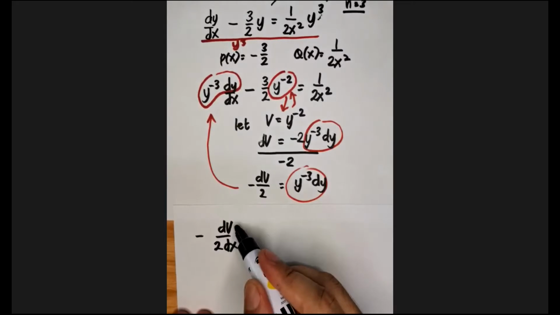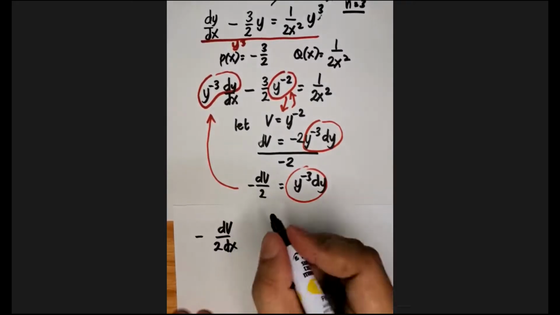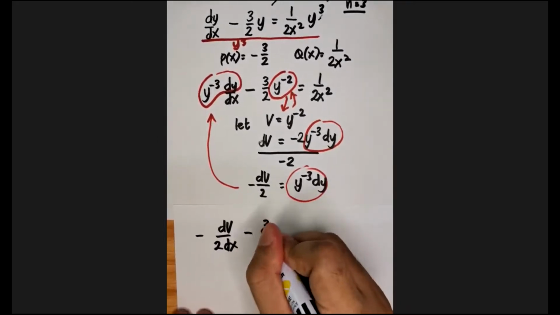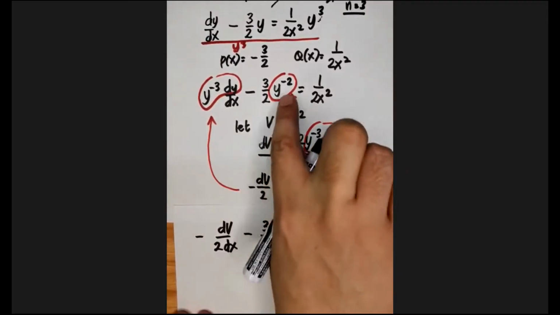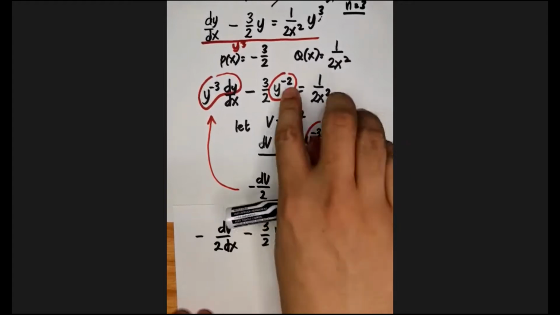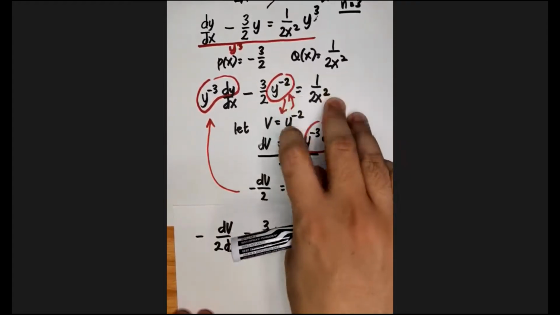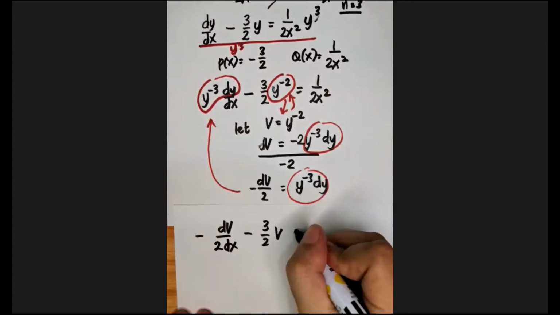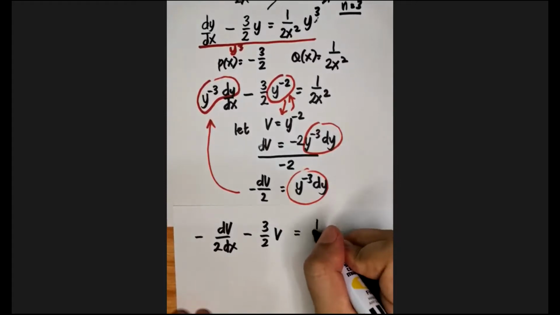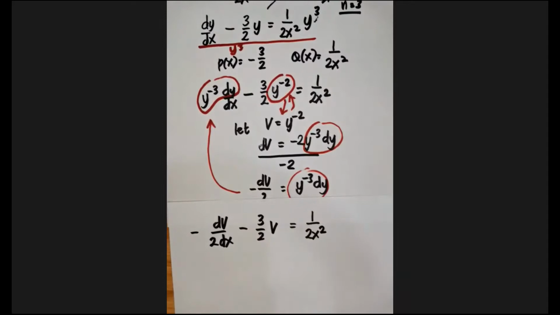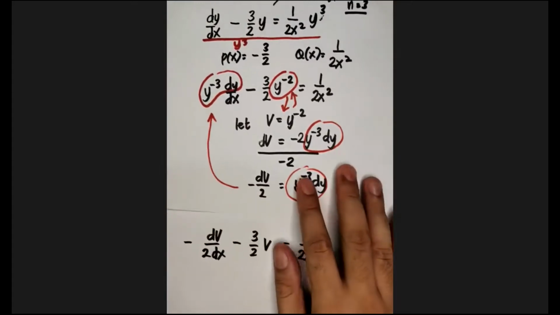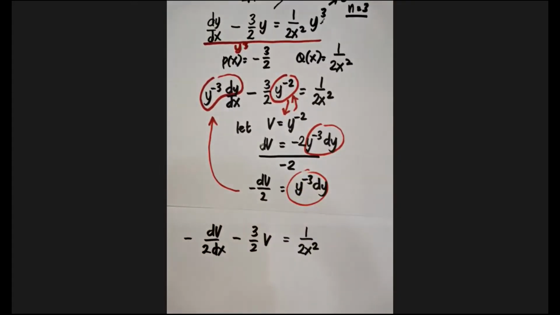So negative dv over 2x minus 3 over 2v. 3 over 2v, kasi y raised to negative 2 is v. That's equal to 1 over 2x squared. Okay? So nakuha ba yung pagsa-substitute natin?